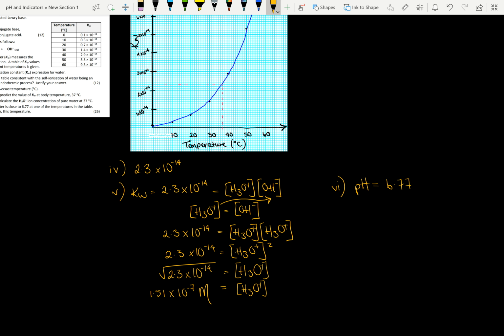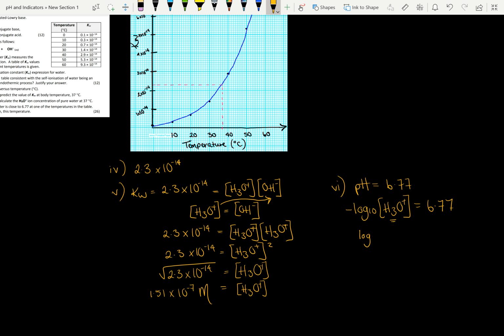So we can use that to calculate the hydrogen ion concentration, because we know that pH is equal to minus log to the base 10 of the H3O+ ion concentration. So I'm going to use this to calculate the H3O+ concentration, then use that to calculate the Kw, and then find which answer that corresponds to in the table.